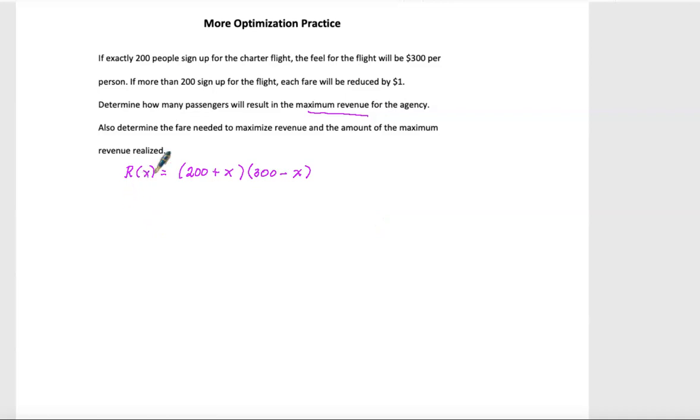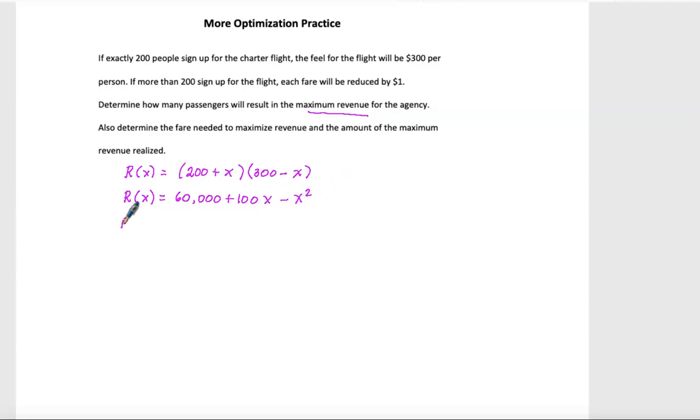Now, we want to maximize the revenue. So we want to find how many passengers there would be. So we need to find the derivative. But before we find the derivative, let us FOIL this. Let us multiply this together. Multiplying this together, we get 60,000 plus 100x minus x squared.